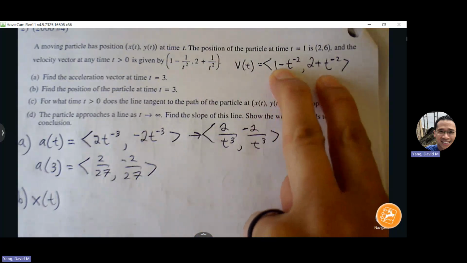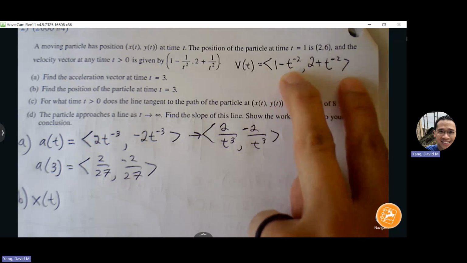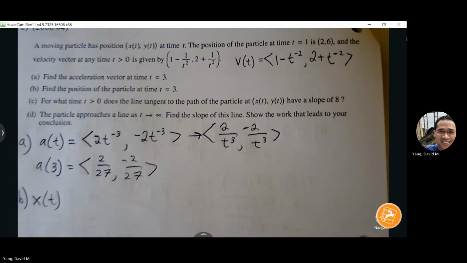Integrate. Yeah, integrate it, right? And then a plus what will show up? Plus c, yeah, and we can use the ordered pair to solve for c, and then we can build the position from there.